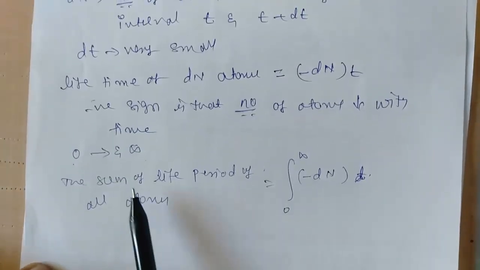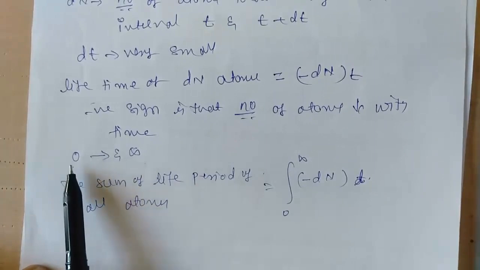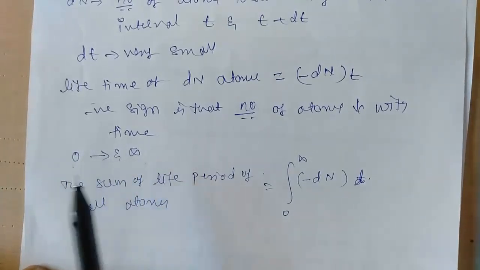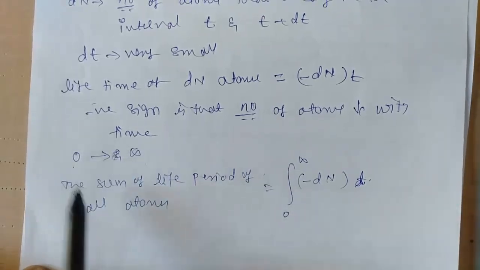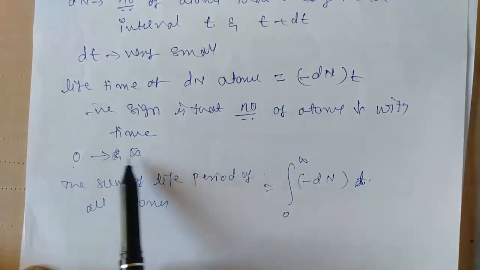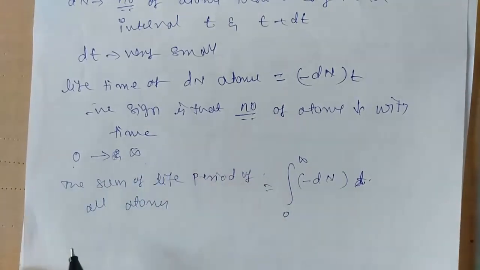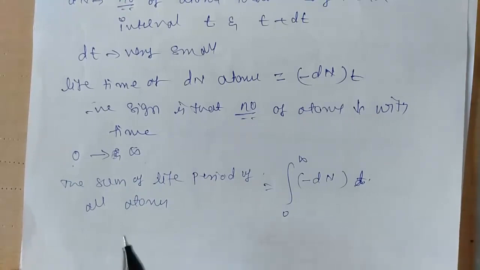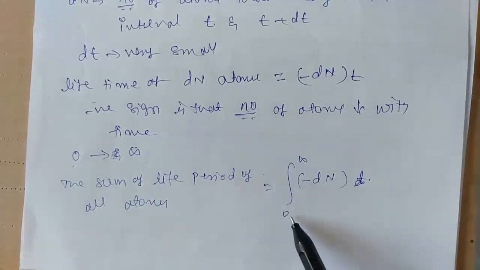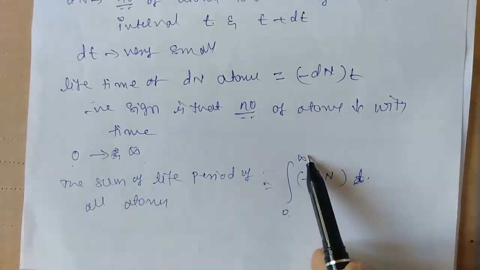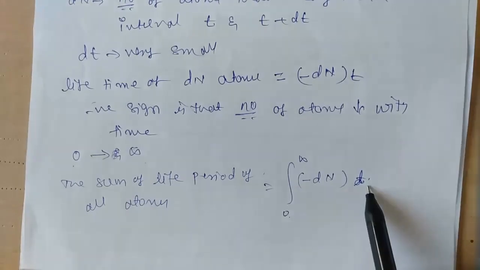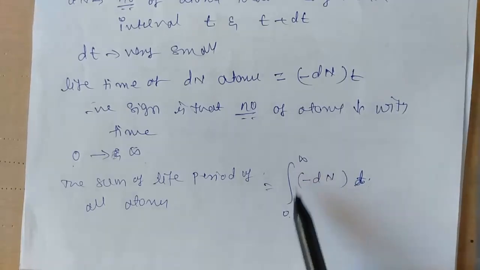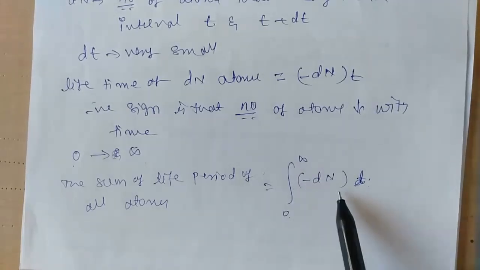Now, we all know that the lifetime of all the atoms present in a radioactive sample will be between 0 and infinity. Between 0 and infinity, the atoms of the radioactive element will go on decaying. So the sum of the life periods of all the atoms, from time 0 to infinity, is given by the integration from 0 to infinity of minus dN into t.